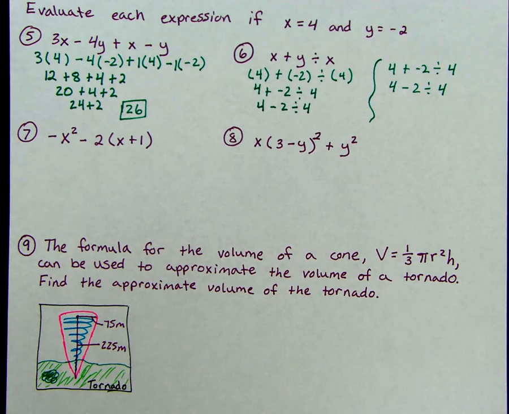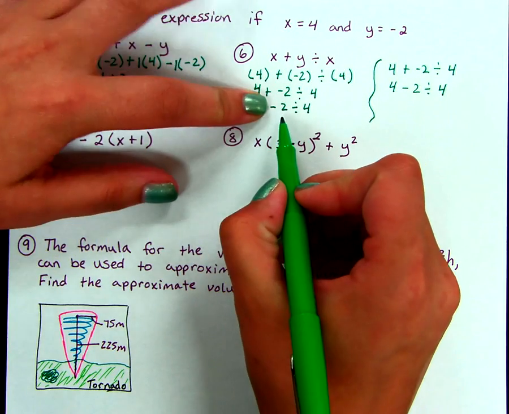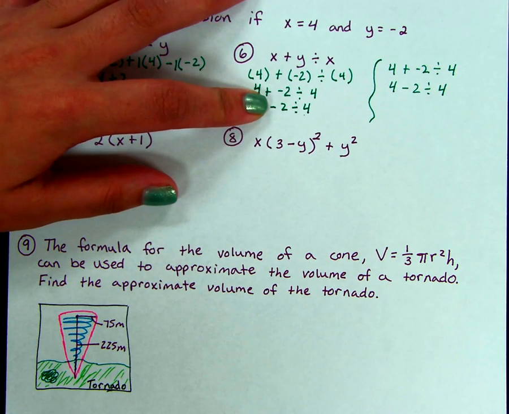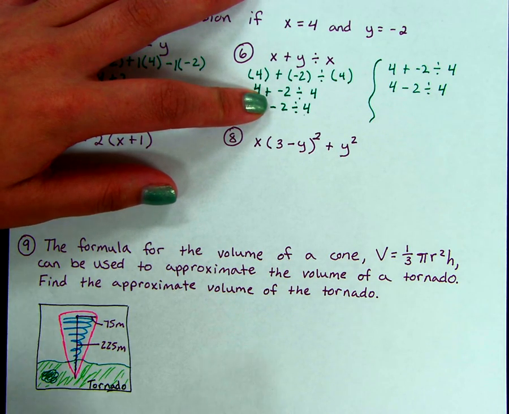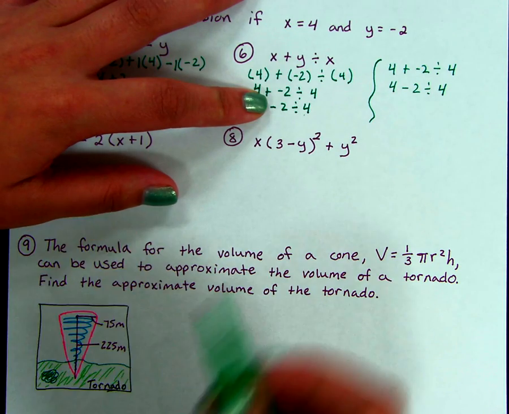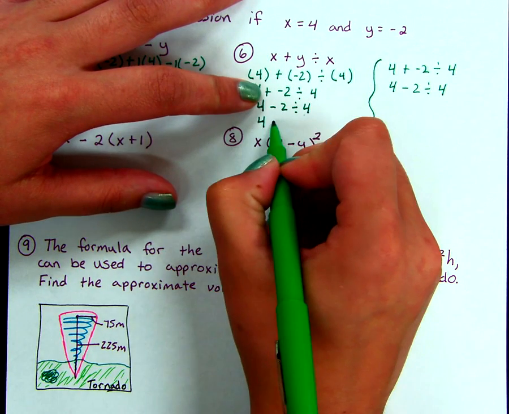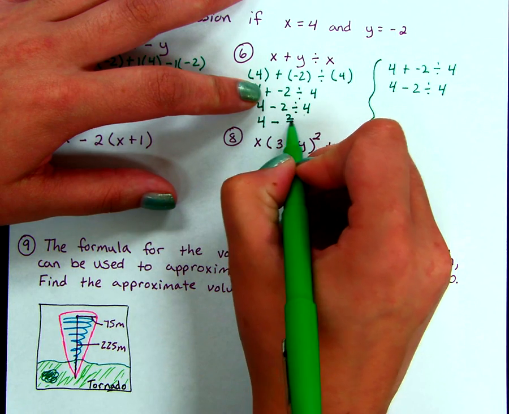Now if I'm doing order of operations, that means that we have to do division first. So we're going to ignore this 4 here. So really we're taking -2 divided by 4. Well, that doesn't divide nicely, and I don't want to deal with decimals. So instead of using our division sign, another way that we could write it is as a fraction. So this is really the same thing as saying 4 minus 2 over 4.